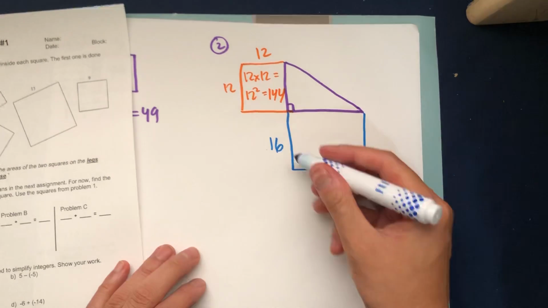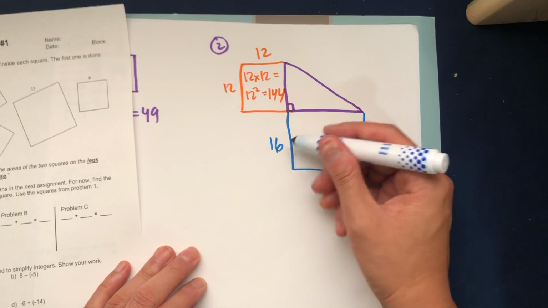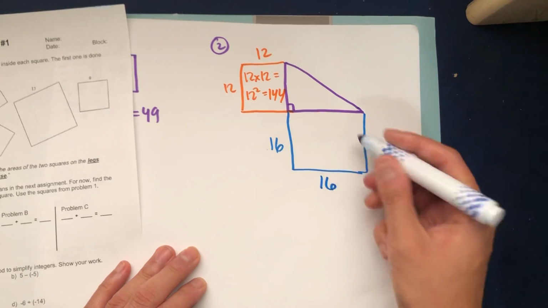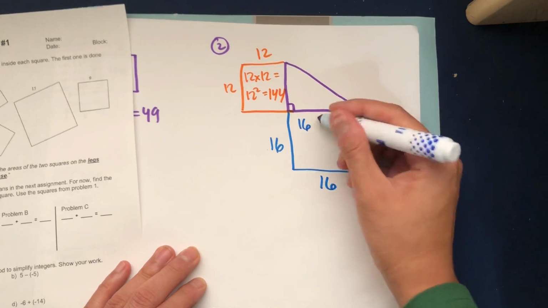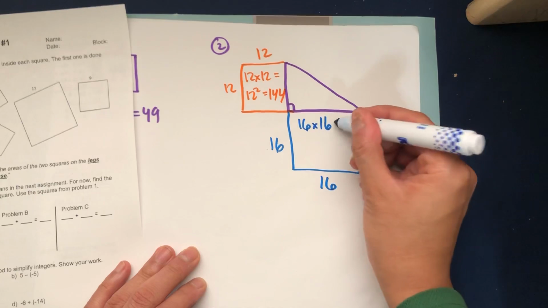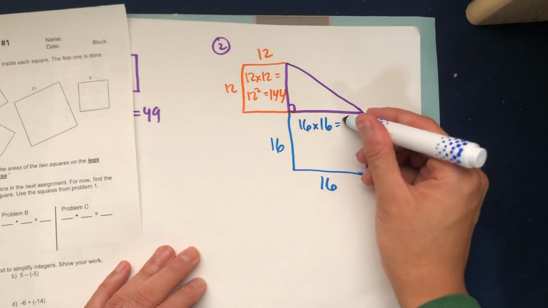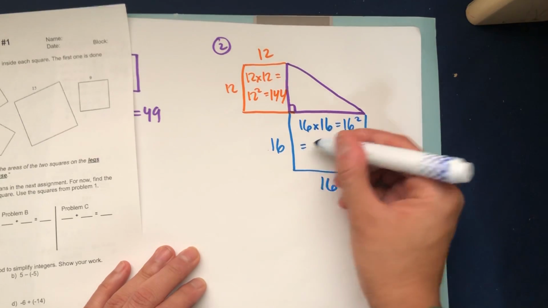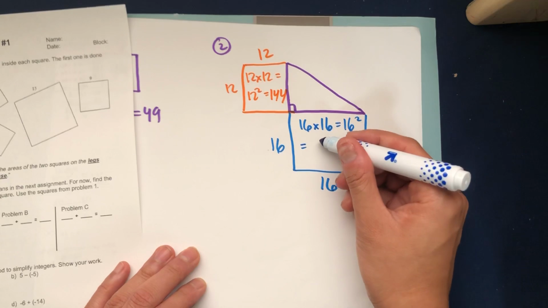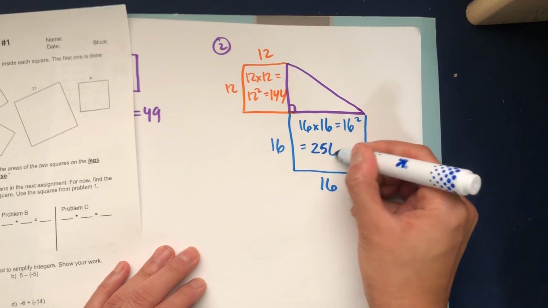Now, let's say we want to find the area of the square with a side length of 16. Its width would also be 16, and to find the area, you do 16 times 16, which is equivalent to 16 squared, and 16 squared is equal to 256.